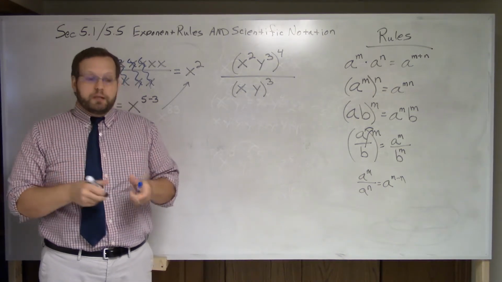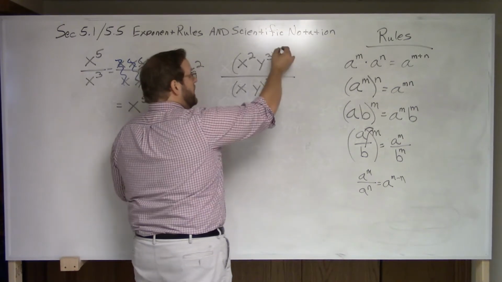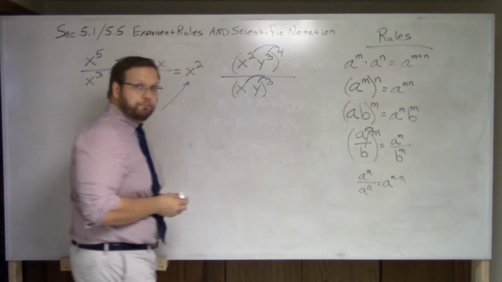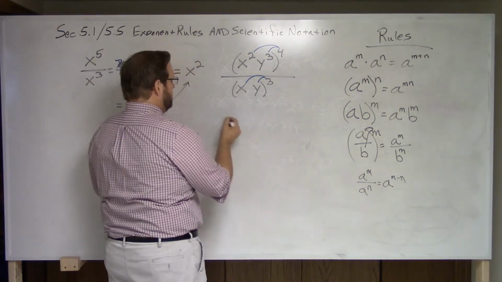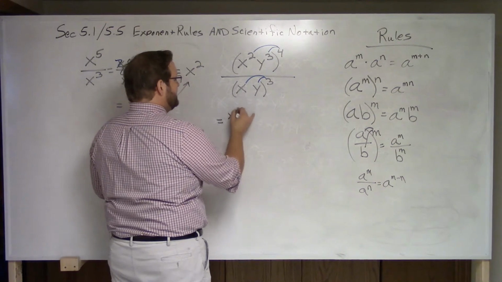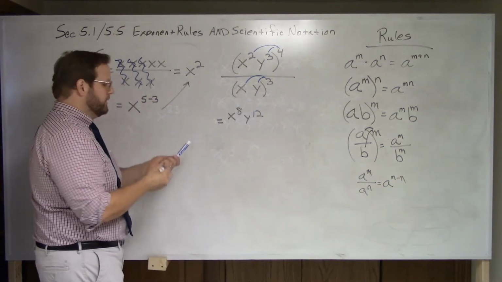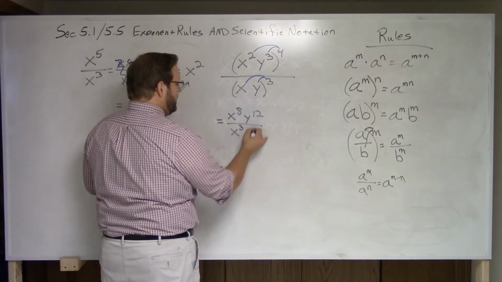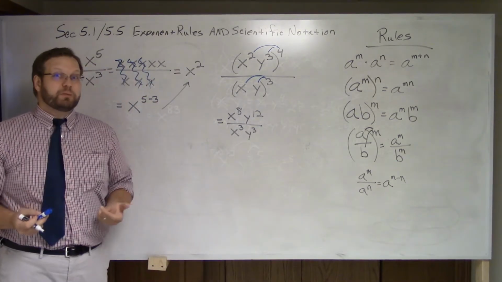In order to get rid of the parentheses in this case, we're going to want to take those outward exponents and put them onto the inner pieces of the problem. Okay? So what that looks like is then an x to the 8th, y to the 12th. There's 2 times 4, 3 times 4. And then an x cubed and a y cubed. Okay? That's pretty much it.